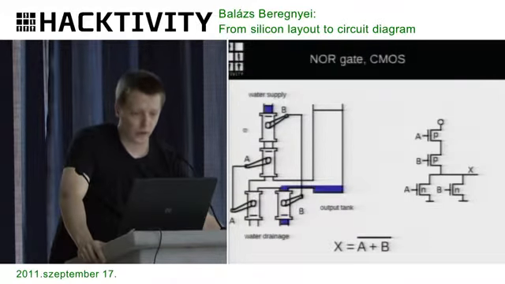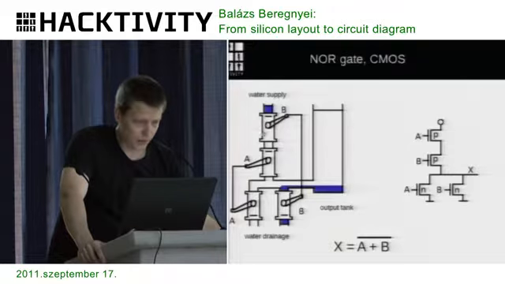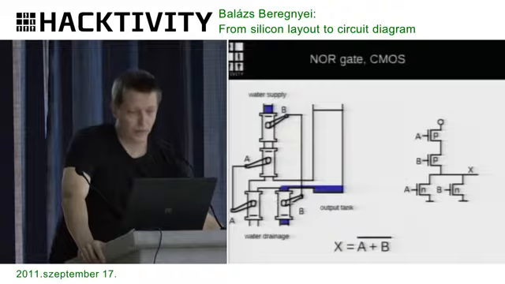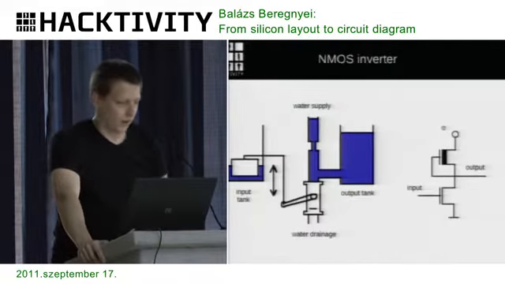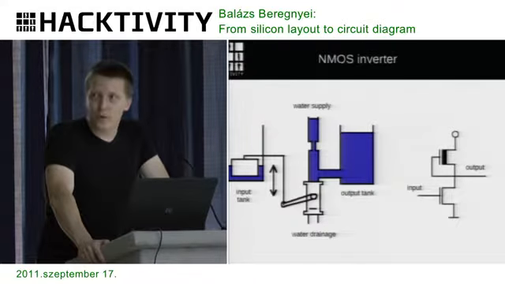So what is parallel down there is serially connected up there. In the case of the NOR gate, if either A or B is 1, then we can drain the output tank to 0. Otherwise, this is filled up to 1 through the two valves upstairs, and the transistor equivalent is there.